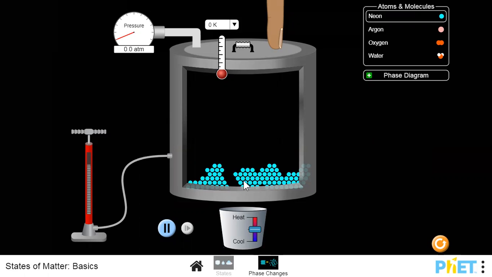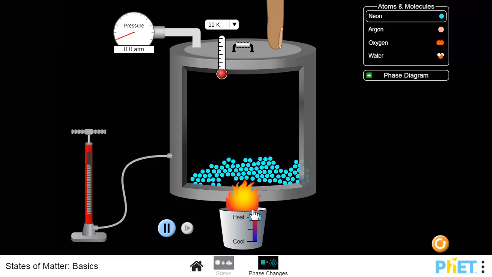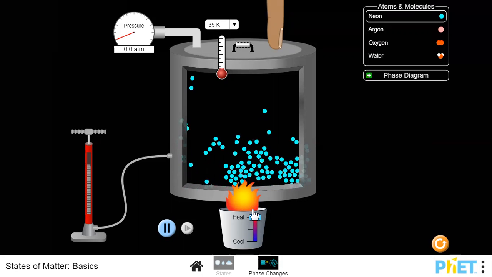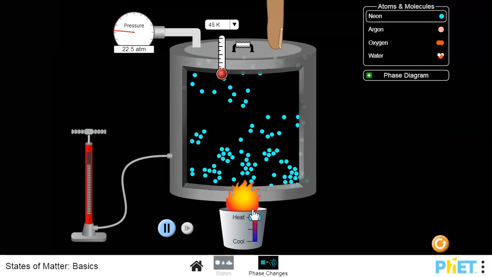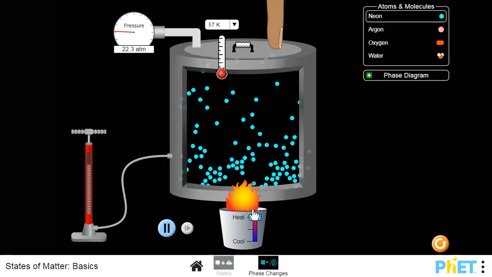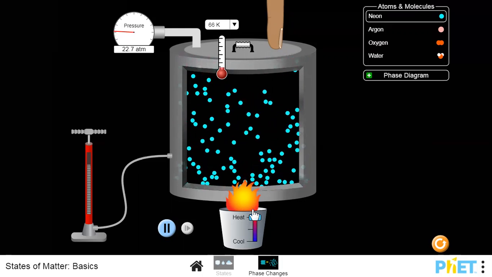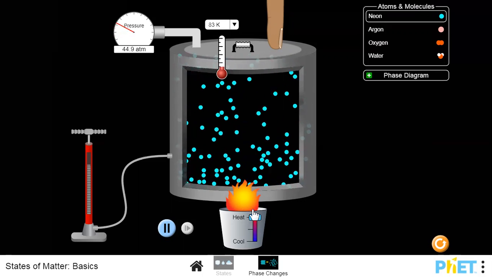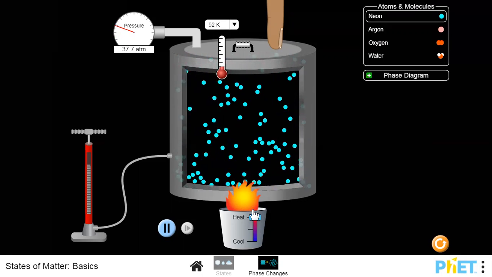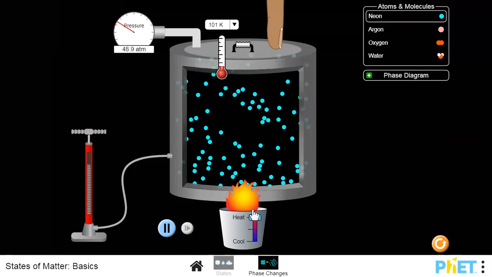So let's see what will happen if I increase the temperature. Watch. The molecules will gain kinetic energy, and the molecules will start to move and fill the container. So when temperature is increased, particles gain more energy, and diffusion will happen at a faster rate.